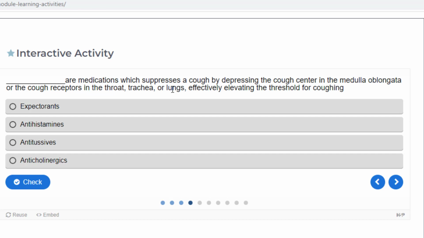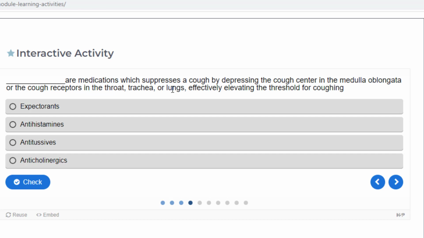And be careful. So that's just Tussin or just Mucinex. That is not Tussin DM or Mucinex DM. It's just guaifenesin. Antihistamines we've talked about, so diphenhydramine, loratadine, levocetirizine, or cetirizine, which is Zyrtec.